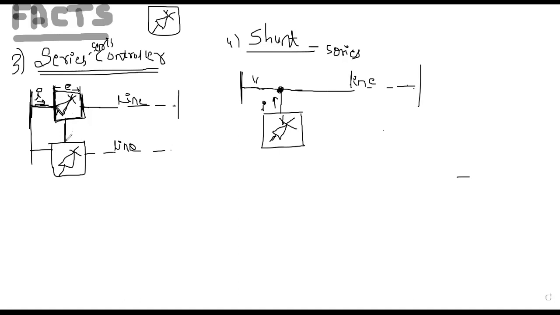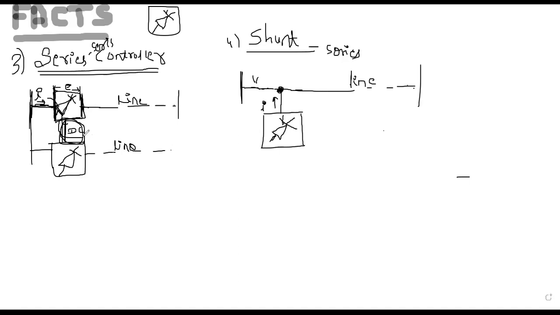Through this DC link, the AC is converted into DC and given to the other side. Between these two controllers, the real power transfer takes place.